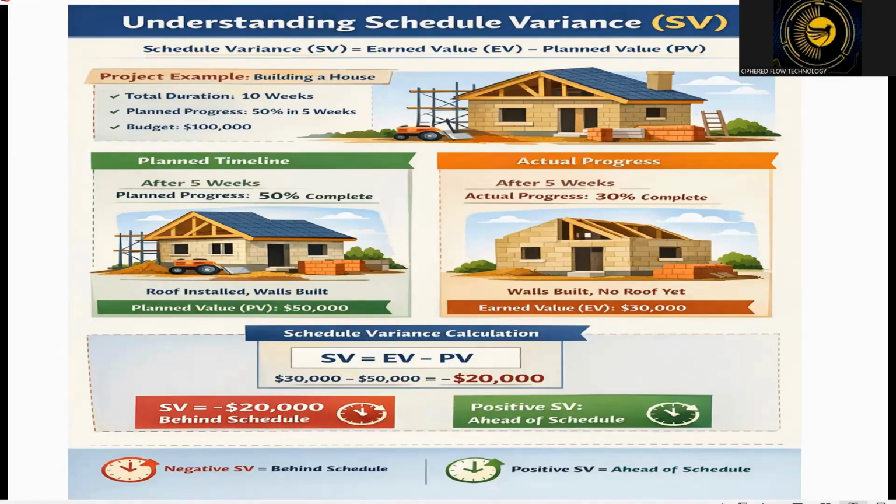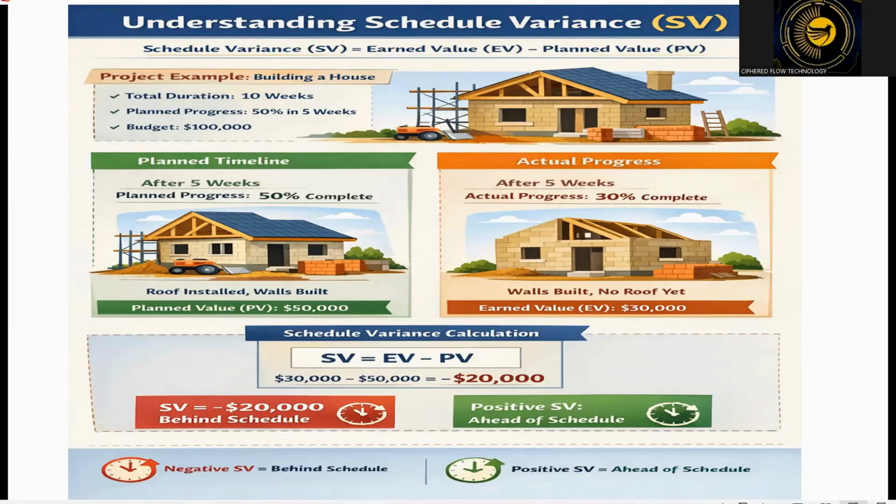So, introducing the first metric, which is schedule variance. This tells us whether the project is ahead or behind the schedule. The formula used is earned value minus planned value.